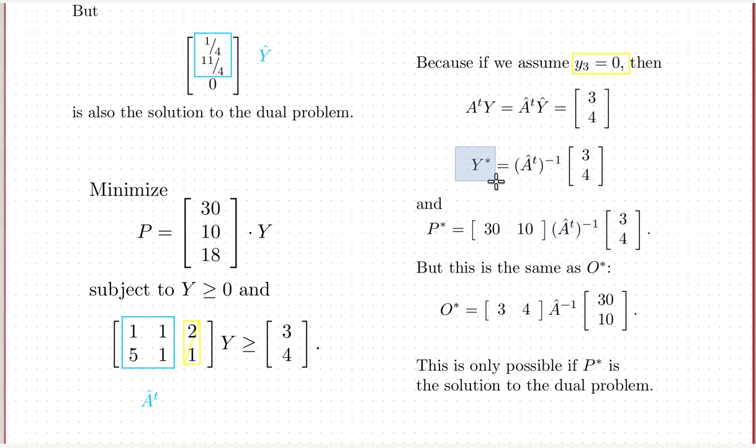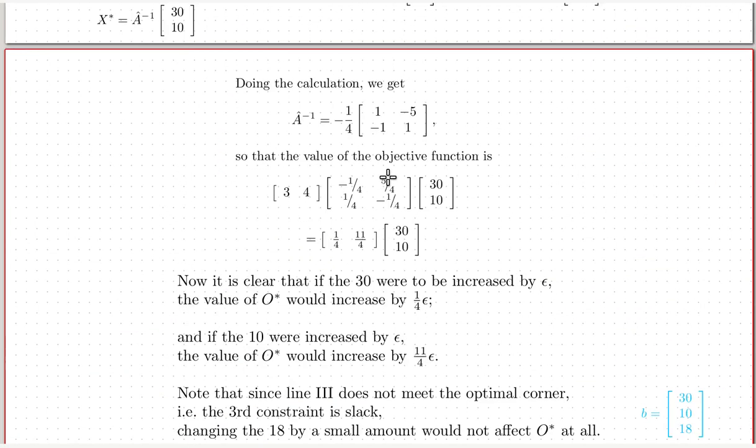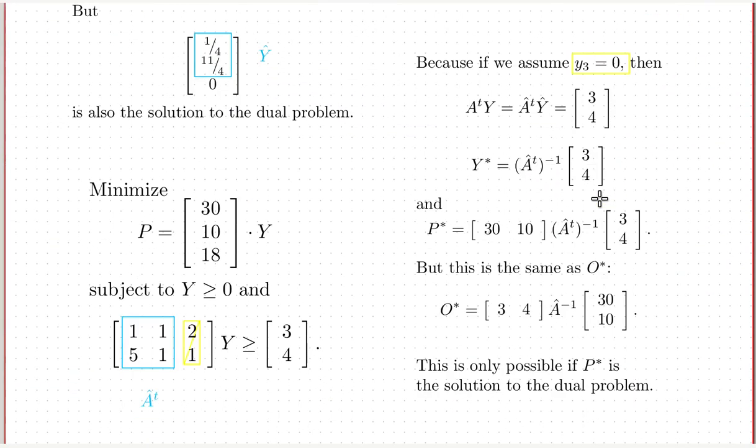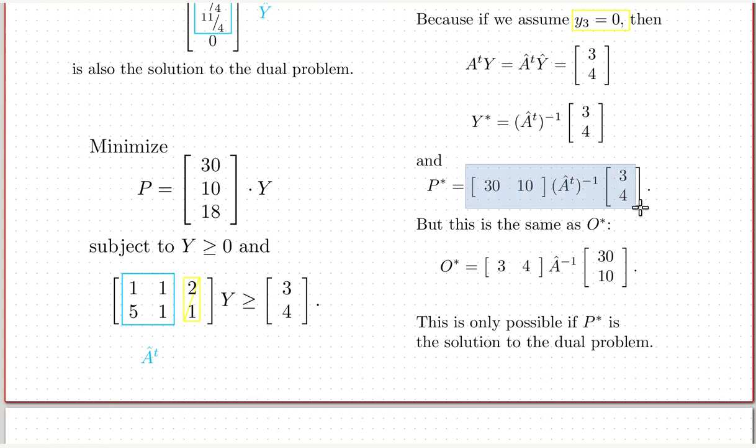Yeah, I should have written y hat star. Maybe that would have been better. But look, this expression here, which represents the value in the dual problem, is actually just the transpose of the expression we got earlier for the value of the objective function in the original problem. In the original problem, we came up with this quantity, the value of the objective function, and that's exactly the transpose of this expression.